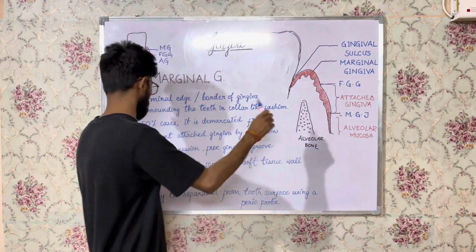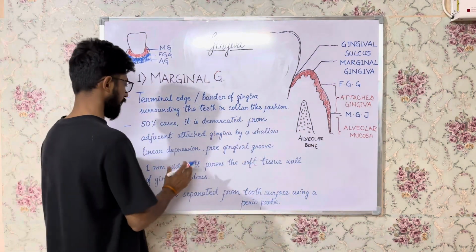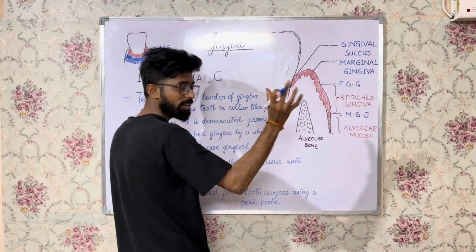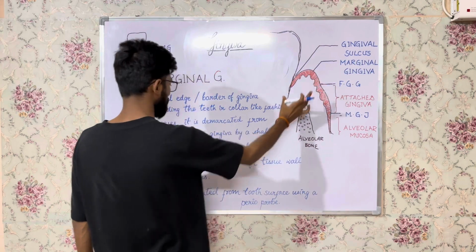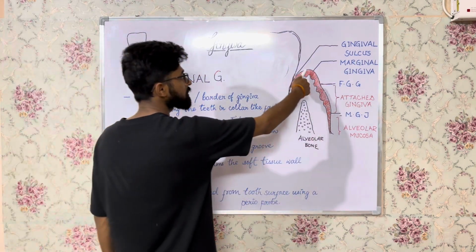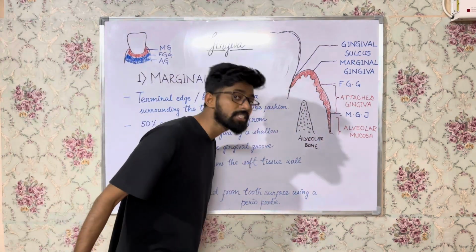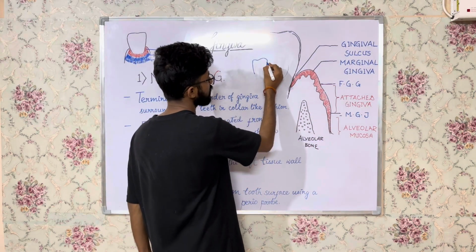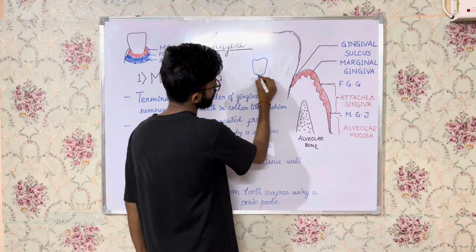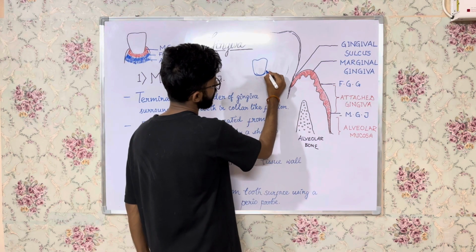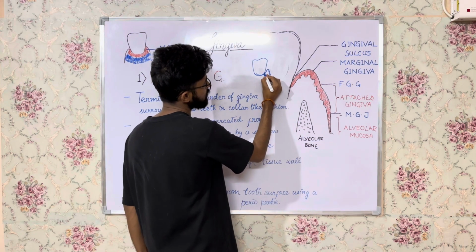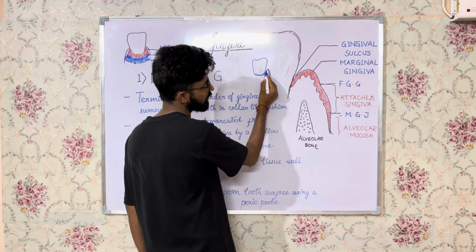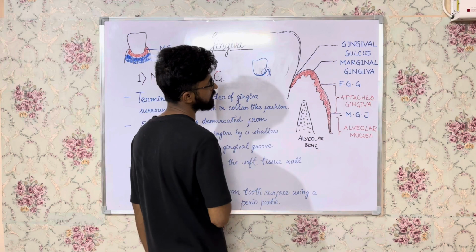The usual width of marginal gingiva is 1 mm, and it forms the soft tissue wall of the gingival sulcus. Suppose this is the tooth, and this is the marginal gingiva. This gap is called the gingival sulcus.